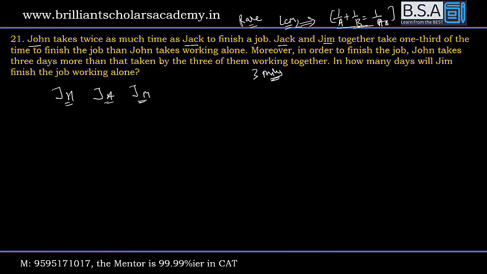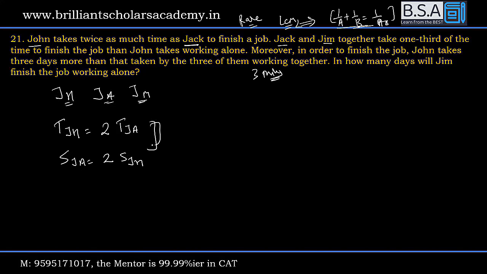John takes twice as much time as taken by Jack. So I'm writing both. Time taken by John is twice the time taken by Jack. I can also say speed of Jack is twice the speed of John. I'm keeping both in mind.